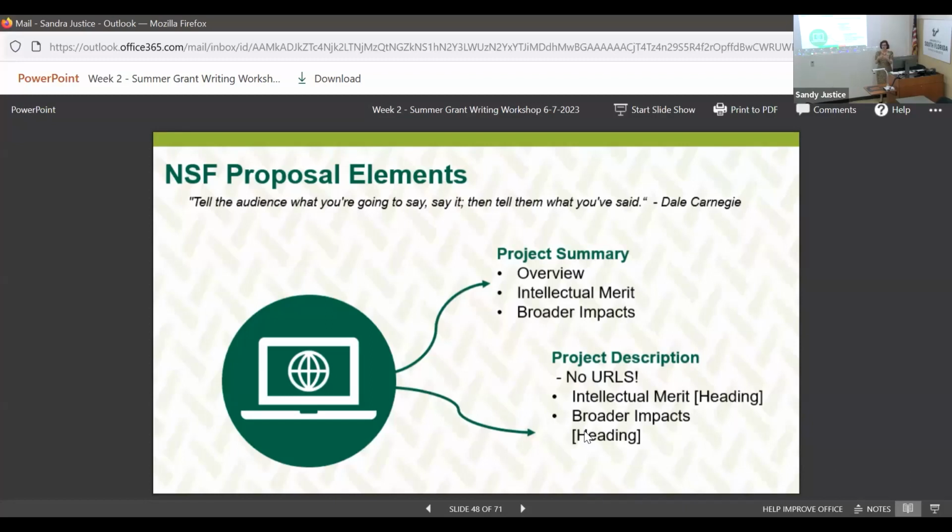And we don't want the peer reviewers to feel like they have that additional burden. So instead, you may describe websites in your project description. And if you have URLs that you want to use to demonstrate your understanding of websites, you may put them in your bibliography. Right, so just as an example.